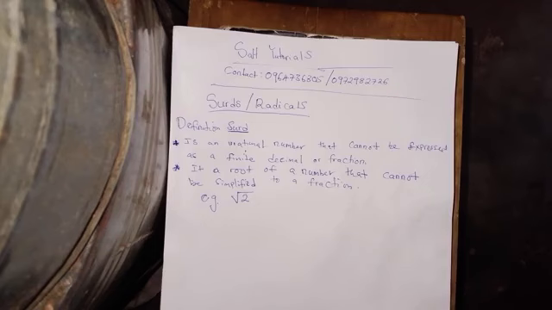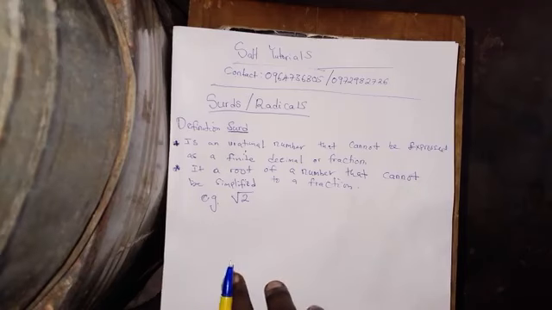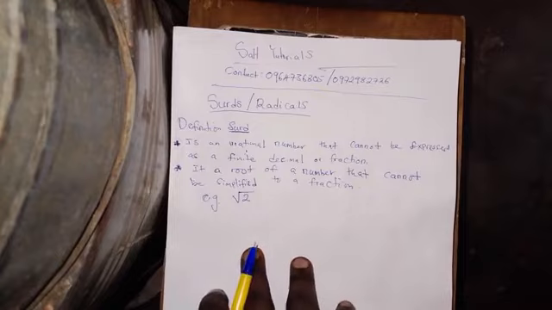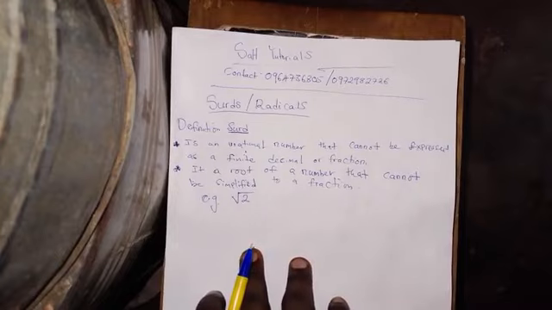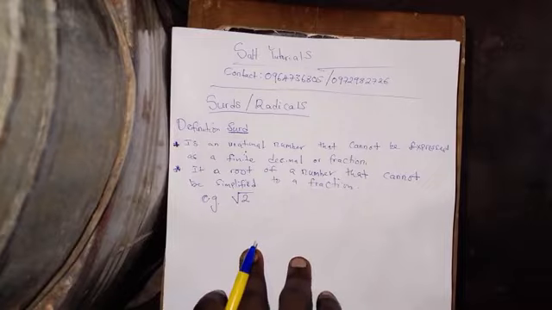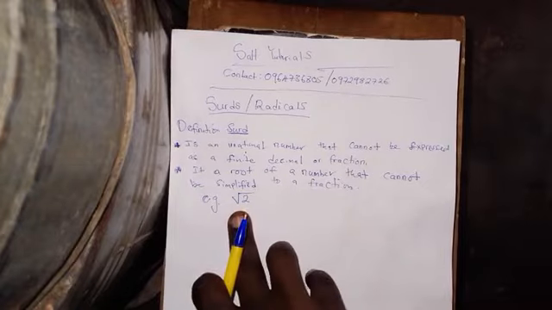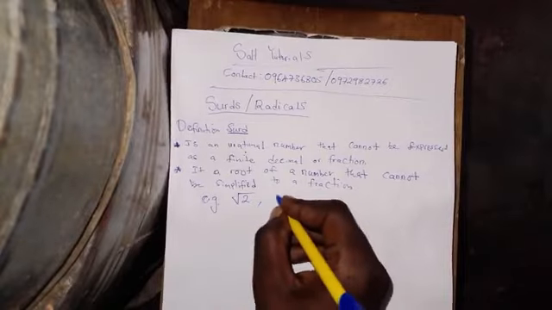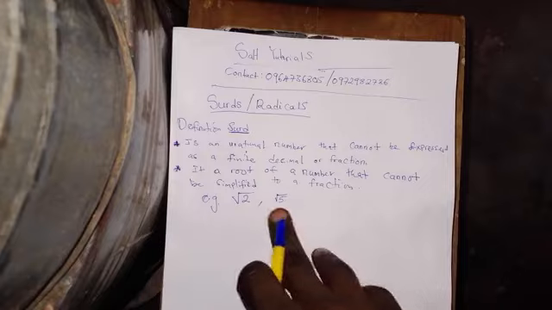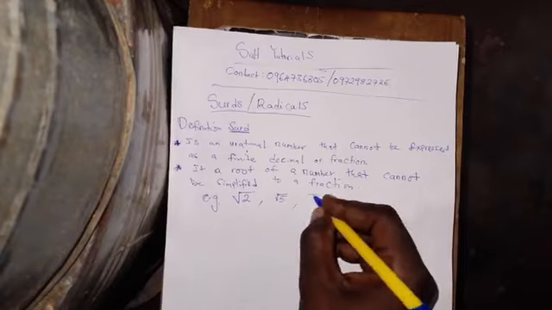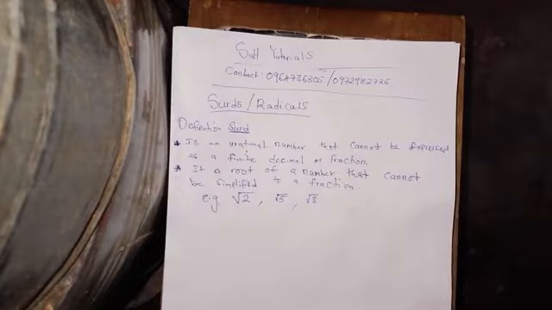Remember what we said about irrational numbers: most of them have non-terminating decimals. It will still continue, 1.1 blah blah blah, and we don't know where it ends. This is an example of a surd. Maybe we can simply say root of 5 is an example of a surd. The same, root of 3 is an example of a surd. It has non-terminating decimals. That's the idea of what we are supposed to understand about surds.